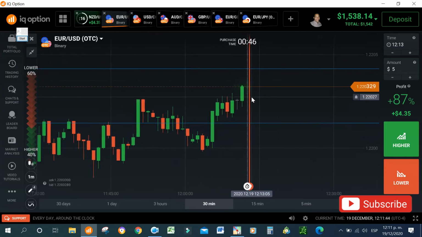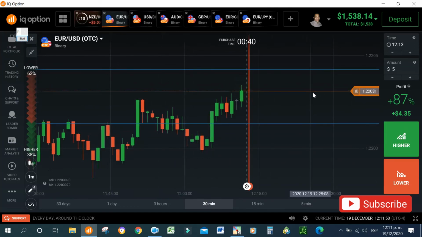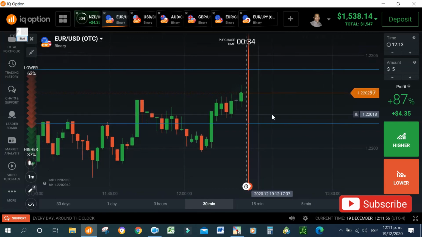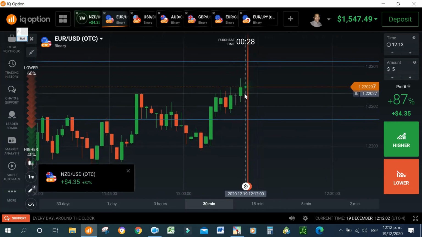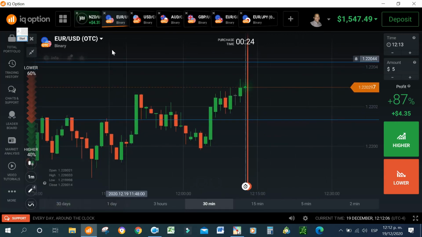And in this case, the price is closing above my resistance level. So let's be patient and wait for 6 seconds to see what happens. No, it didn't close like I wanted, so I will wait.